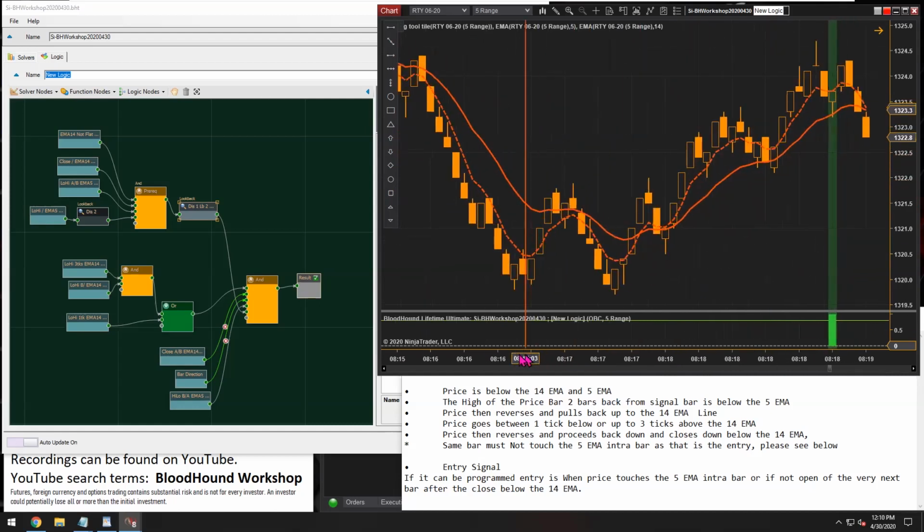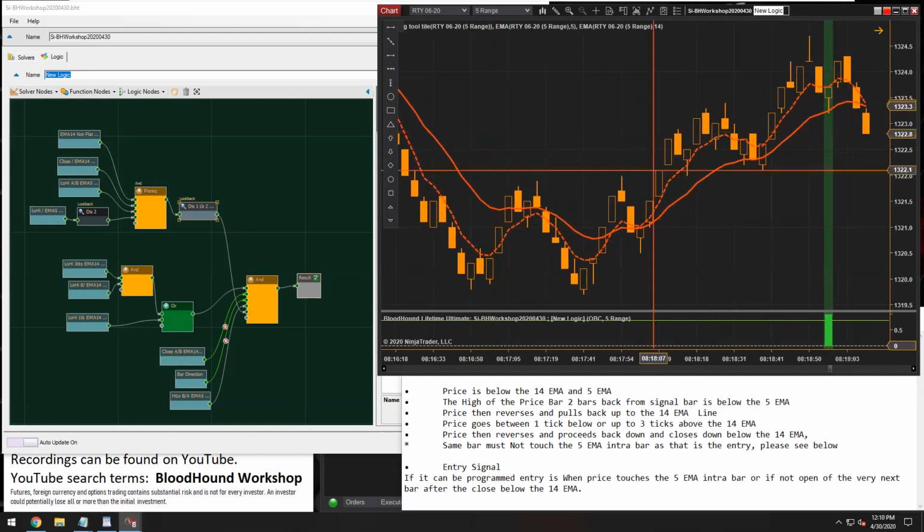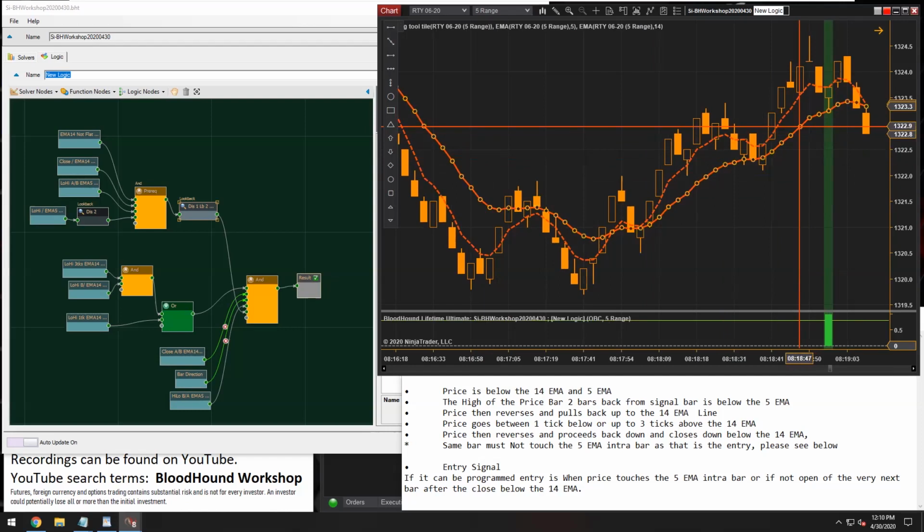If I stretch my chart out, and we were using the angle of a moving average, our signal would disappear on us, and then customers would say, hey, BloodHound's broken, signals are disappearing. So you can't use subjective things when you're creating a system.